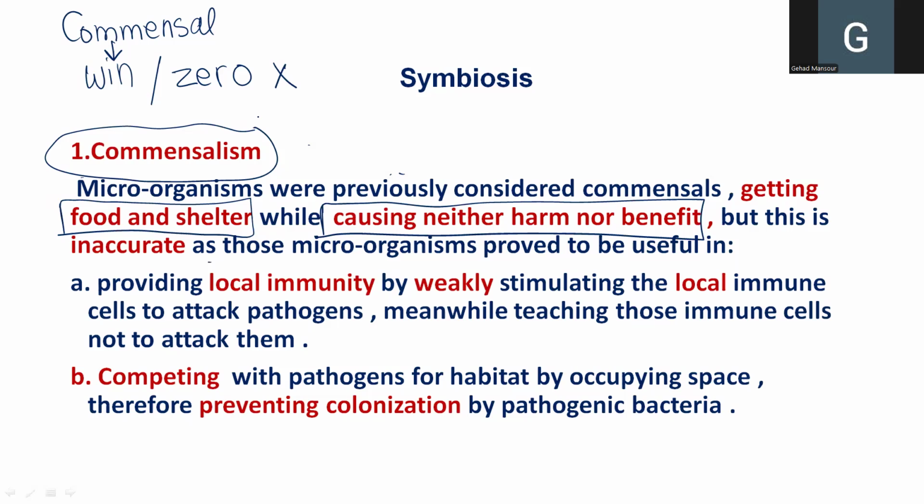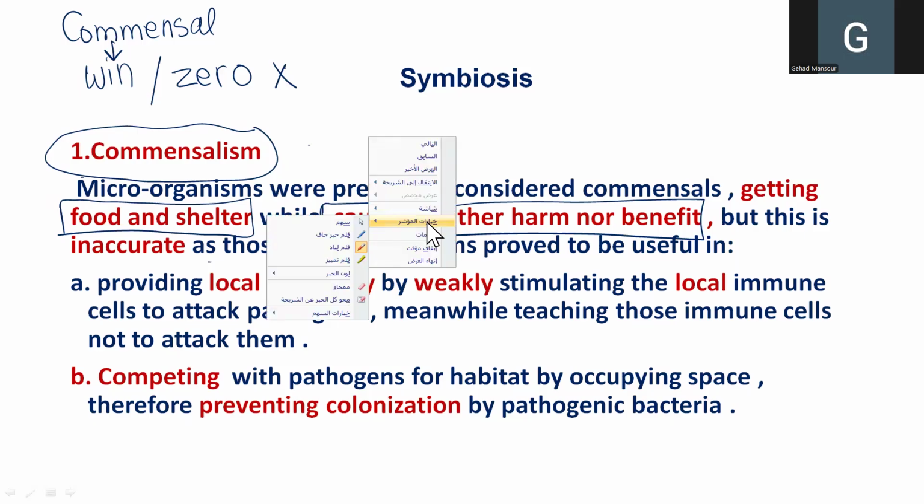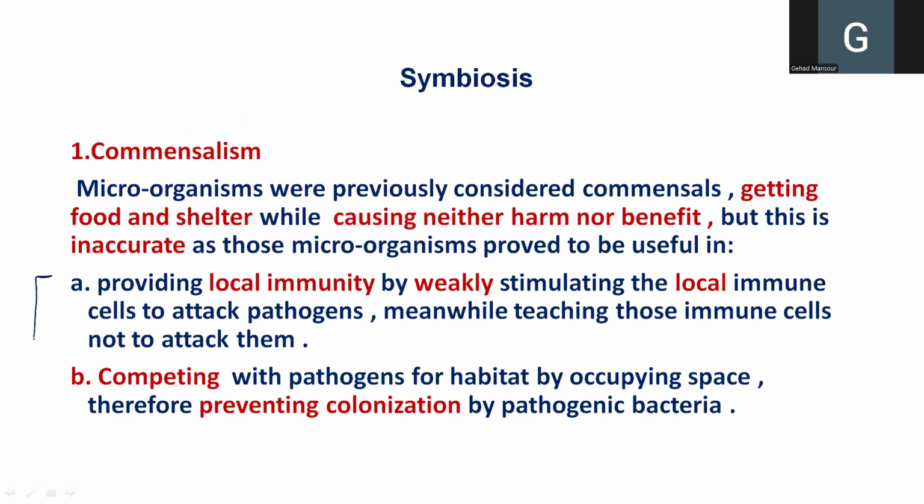Okay, so in the past we used to describe the relationship between friendly flora and human beings as a commensal relationship, or as commensalism. And here letters A and B are an answer to why commensalism is not the perfect description for the relationship between friendly flora and human beings, or when I say man, I mean human beings.